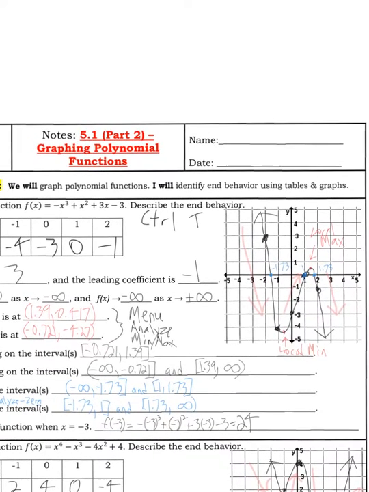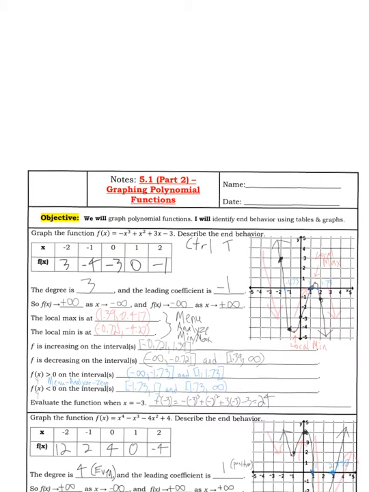Okay, so when I did that, I saw that it hit at negative 1.73, at 1, and at positive 1.73.